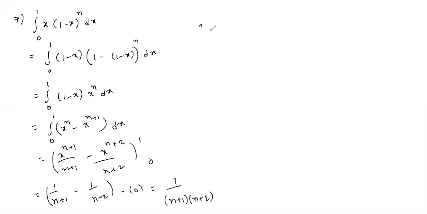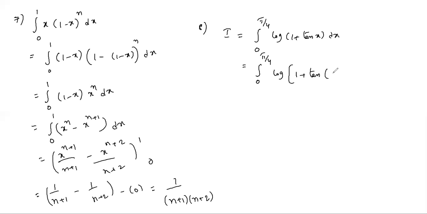Next, eighth one, I equals to integral 0 to pi by 4 log 1 plus tan x dx. So same a minus x property, integral 0 to pi by 4 log of 1 plus tan pi by 4 minus x dx.